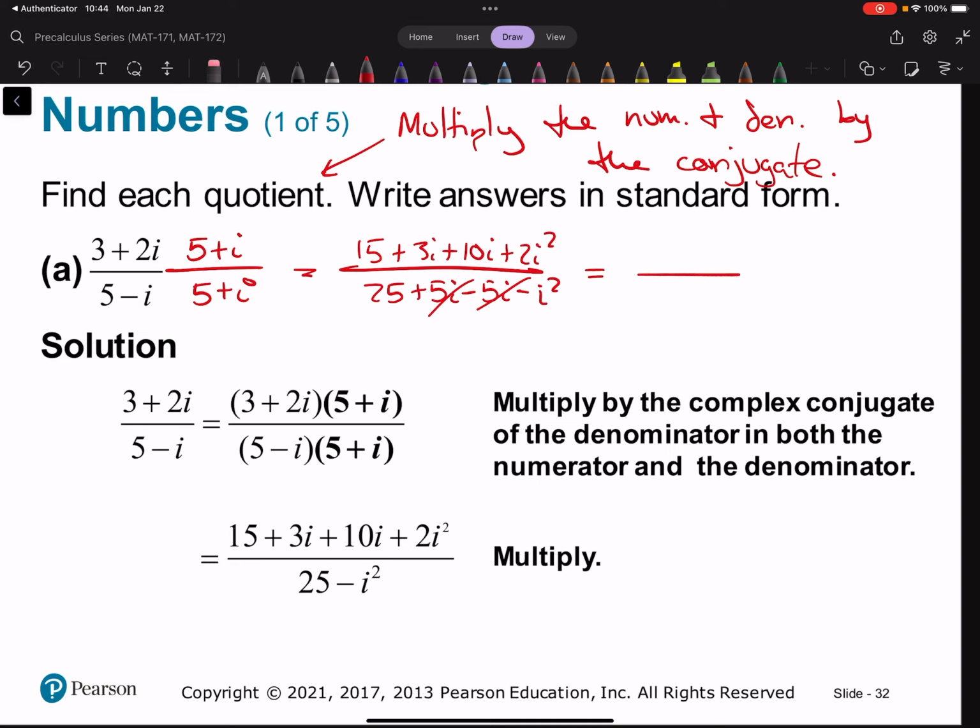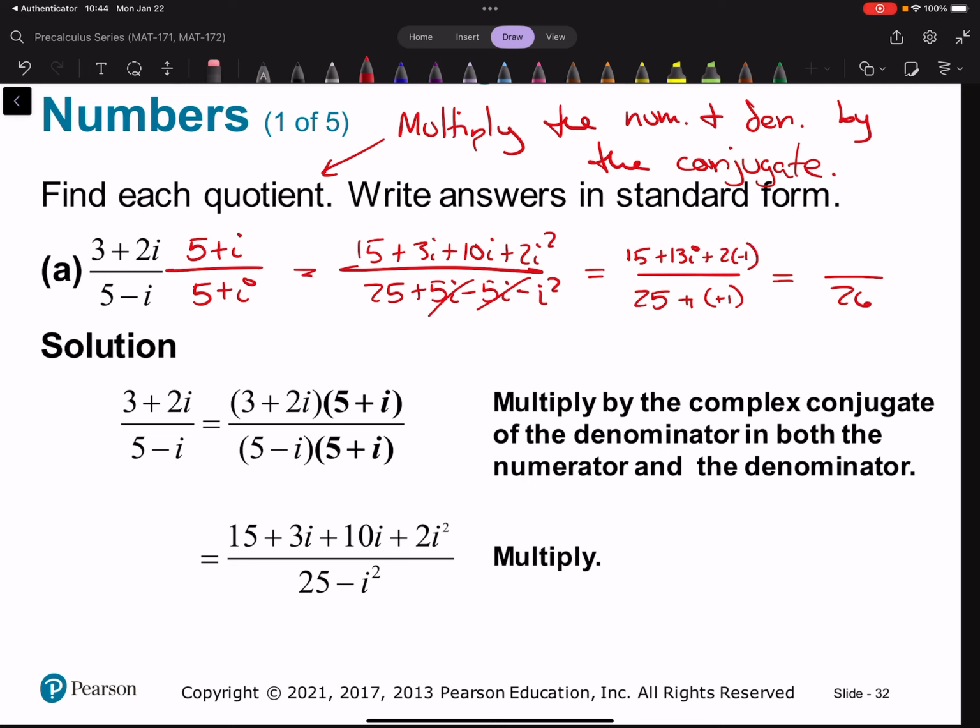Let's simplify the denominator. That would be 25 minus negative 1, or 26. In the numerator, this is going to be 15 plus 13i, plus 2 times negative 1.